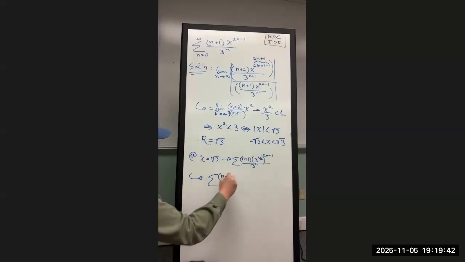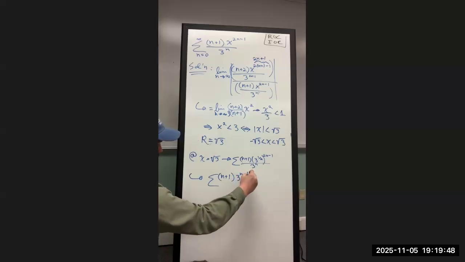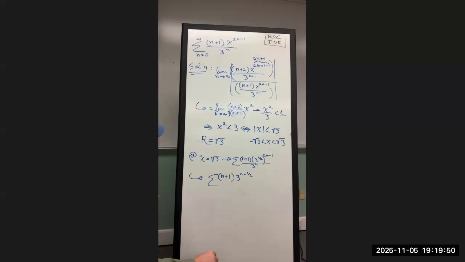Get n plus 1, and we'll have 3 to the n minus 1/2 all over 3 to the n.